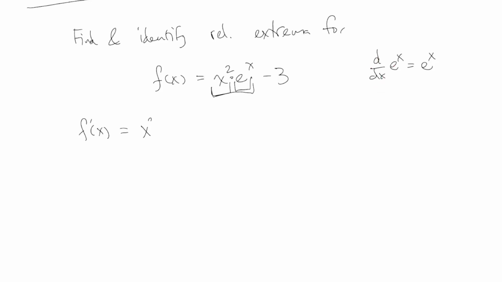It is the first thing times the derivative of the second thing, and like he said, the derivative of e to the x is e to the x, plus the second thing as is, e to the x, times the derivative of the first thing, x squared. The derivative of x squared is 2x. So that's the product rule. And the -3 just doesn't do anything because it's a constant added onto the end.